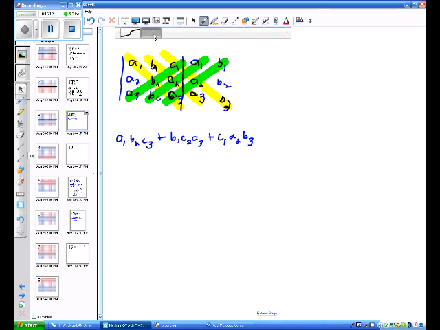So it's going to be the sum of the products of our diagonals going down, and then we're going to subtract. Now, I could put parentheses here, but we're going to end up subtracting each one.